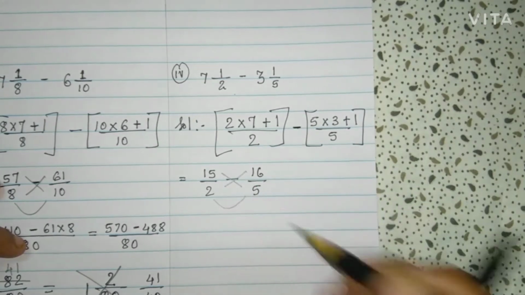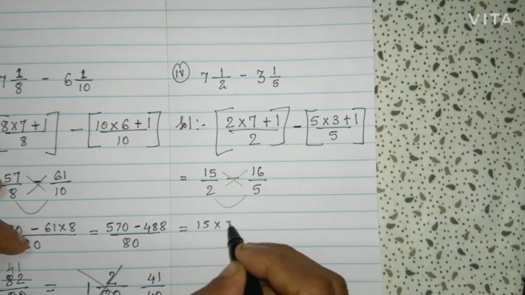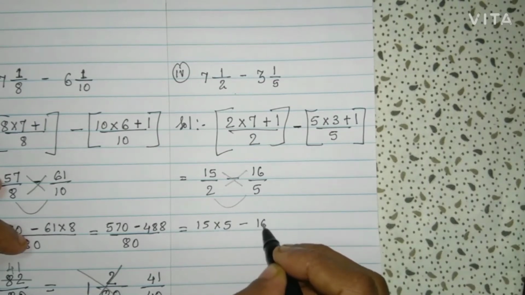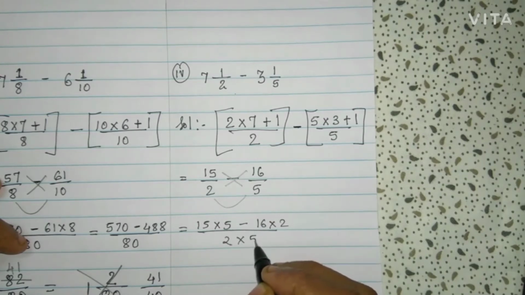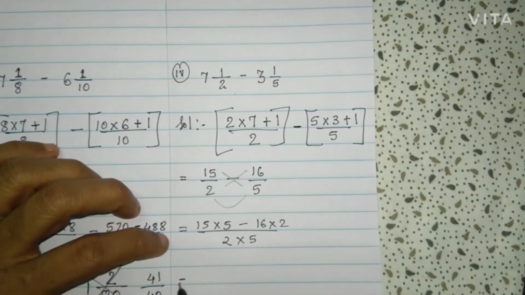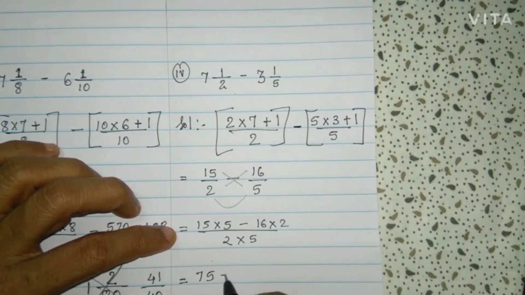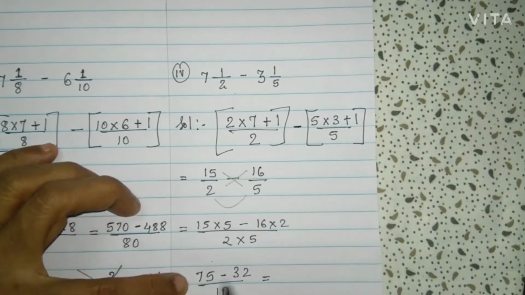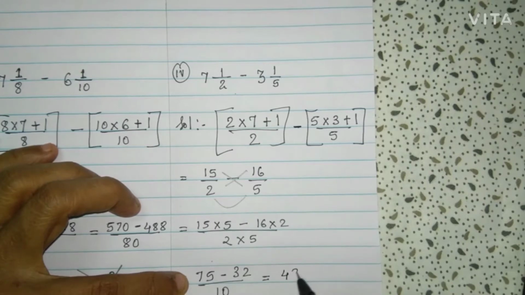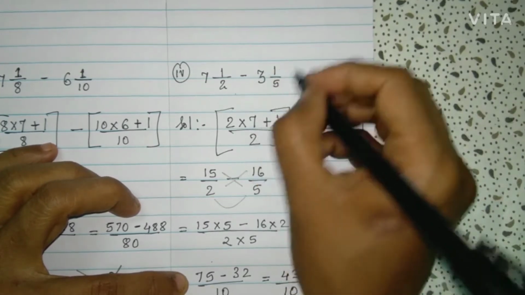We have to do cross multiplication. So 15 into 5, 16 into 2 upon 2 into 5. So 15 5s are, we get 75, and 16 2s are 32, and 5 2s are 10. Here, when we subtract this, we get 43 upon 10, and we have to write this answer in mixed form.